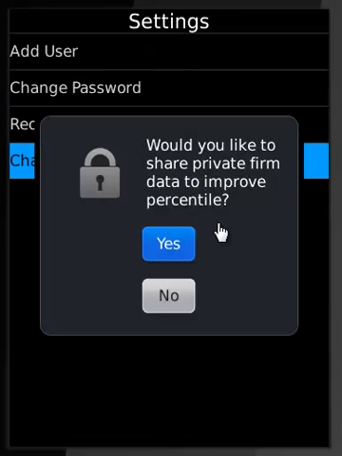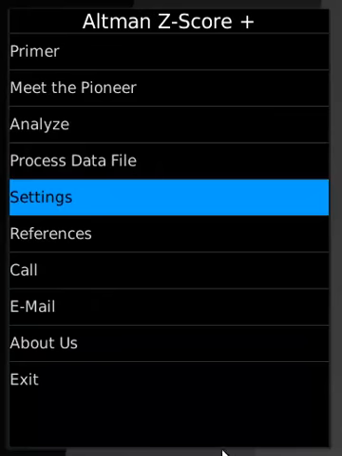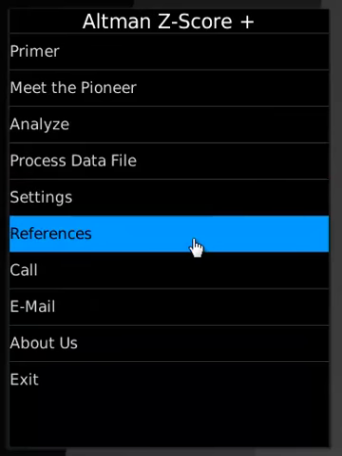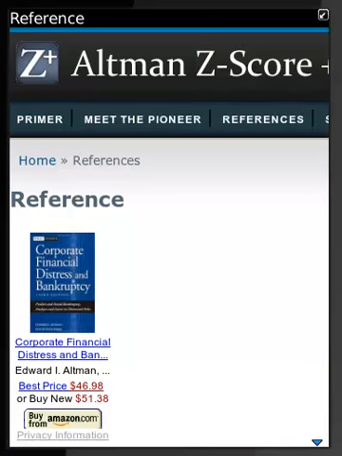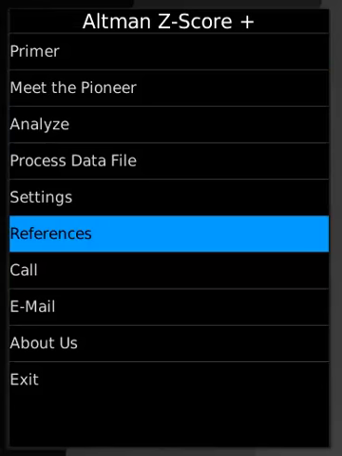Change data sharing option. We ask for your permission to be able to collect private company data to improve upon the percentile. So you can turn this option off anytime you would like to. References. This is what the professor has authored on corporate financial distress and bankruptcy.